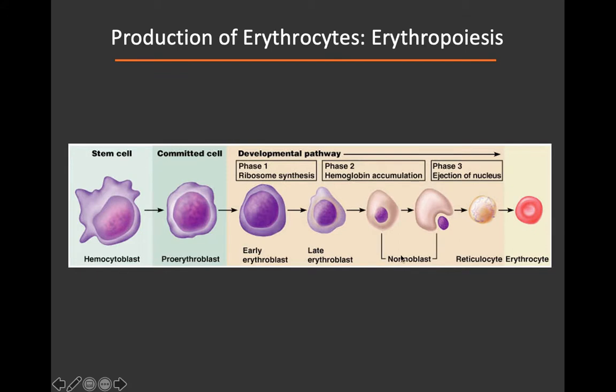And so during this process, we're accumulating tons of hemoglobin molecules, so much hemoglobin that eventually there's no room in this red blood cell, and the nucleus is going to be ejected. When that nucleus is ejected, we end up in phase 3 of erythropoiesis, and now we have what's called a reticulocyte.